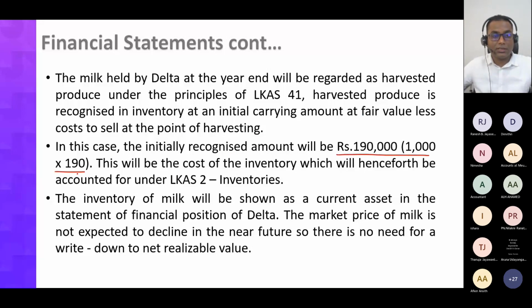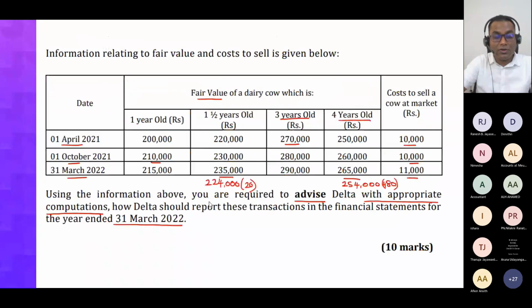That is 1,000 liters, fair value less cost to sell per liter is 190. So this is initially recognized as the agricultural produce, and thereafter this will be the cost of the inventory, which will henceforth be accounted under LKS 2 inventory standard, right? So then inventory has to be measured at cost or NRV, whichever is lower.